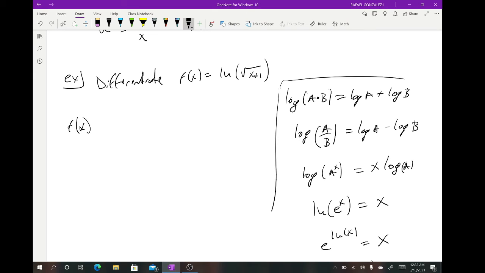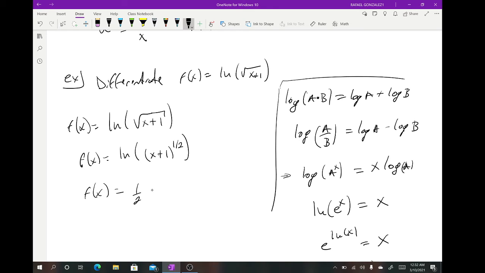The first thing I will do is try to rewrite it. f of x equals ln of the square root of x plus 1, which is the same thing as ln of x plus 1 to the power 1/2. Which in turn, by this rule right here, I could bring that 1/2 to the outside. So f of x is actually equal to 1/2 times ln of x plus 1. I'm allowed to do this.